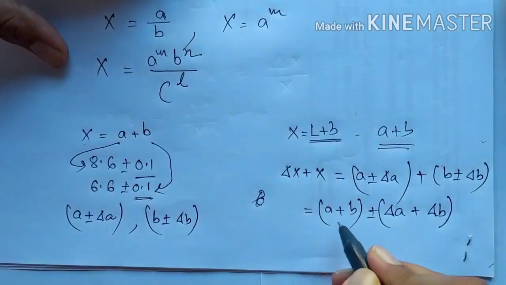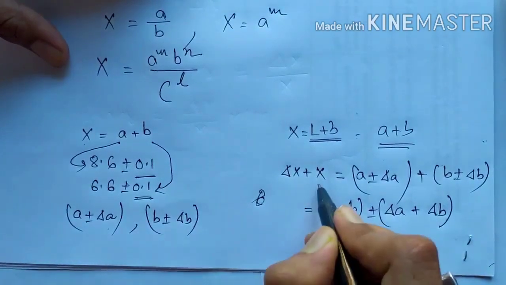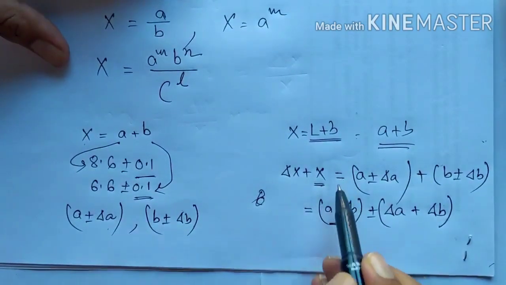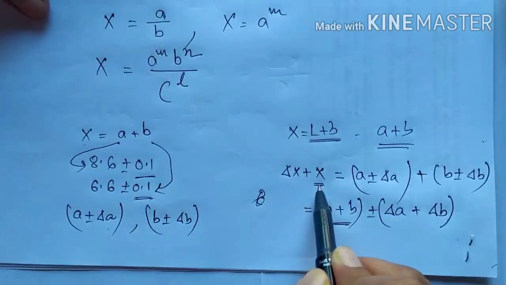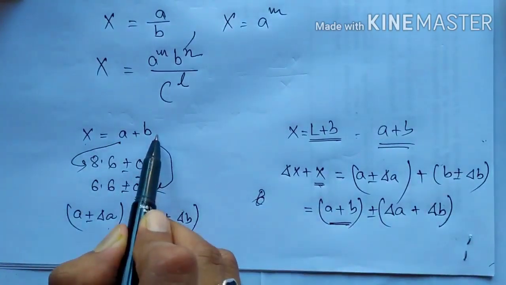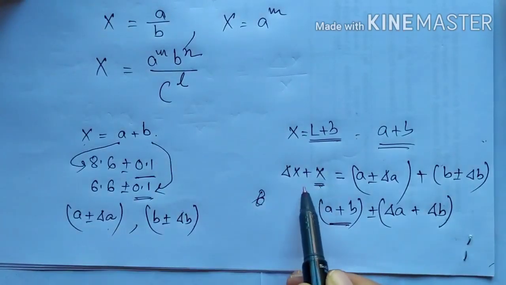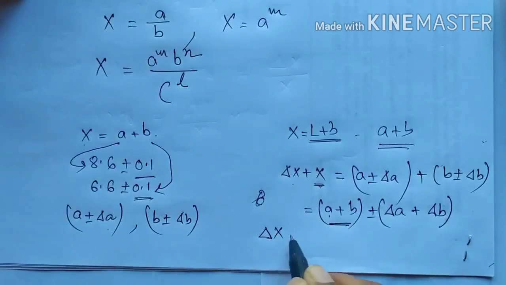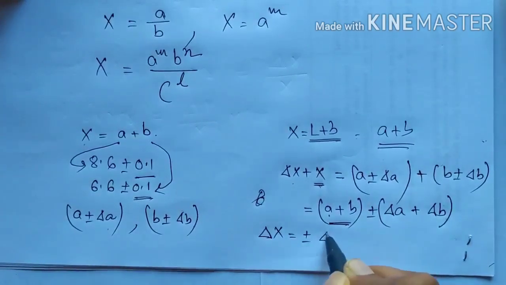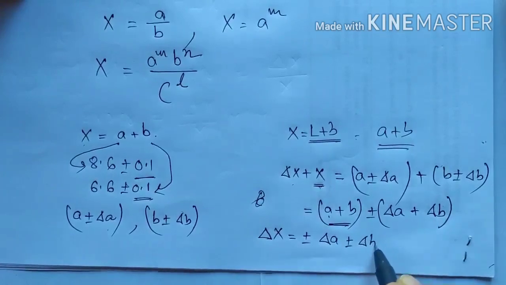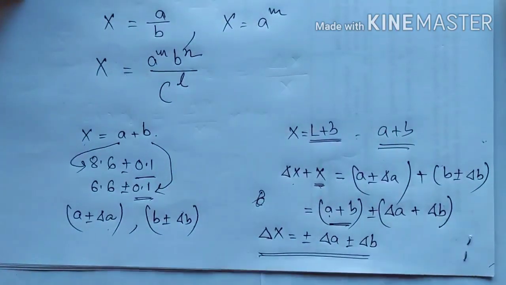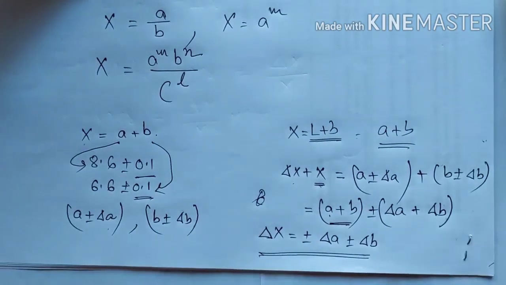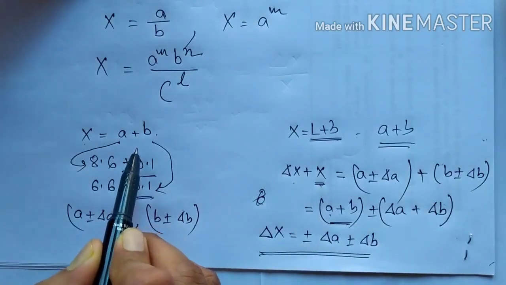So now what I find, this is A plus B, and what is the expression of x? As per the given condition, x equal to A plus B. So if I equate both these sides, then I can easily write delta x equal to plus minus delta A plus minus delta B. So this is the expression of maximum permissible error, when x is represented by the form x equal to A plus B.